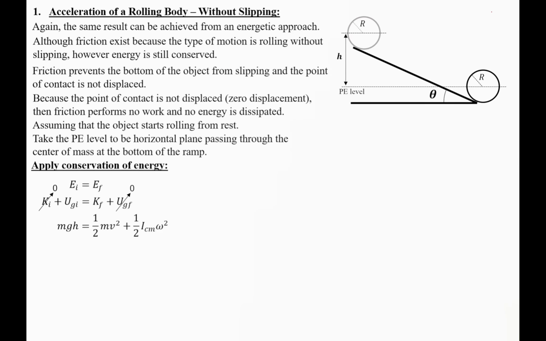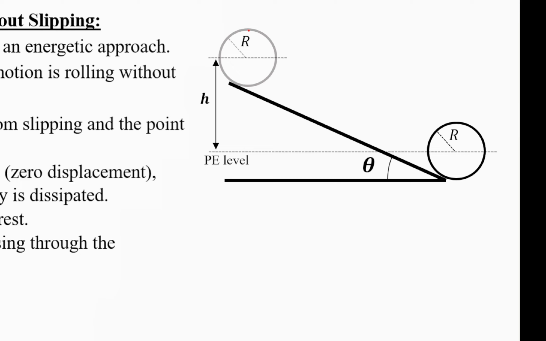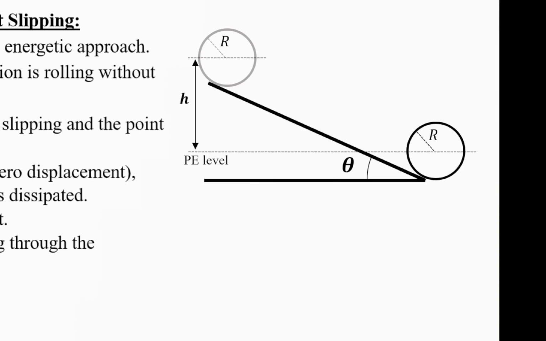So the basic idea is that if h has been measured from the top initially, then in the final state you need to measure it at the top, because there is an additional distance that should be taken, which is the size of the object. So one way to do it, for example, is if you started measuring h from the point A, then also at the final state you need to measure h from A. If you measure it from the bottom, which is B, also you need to measure it from B.